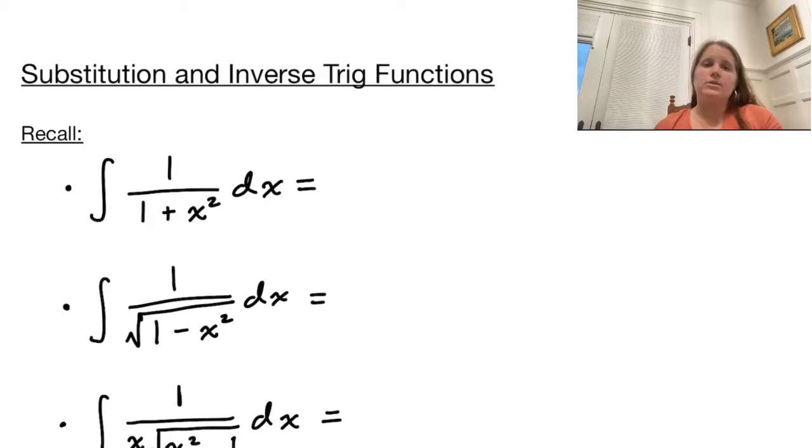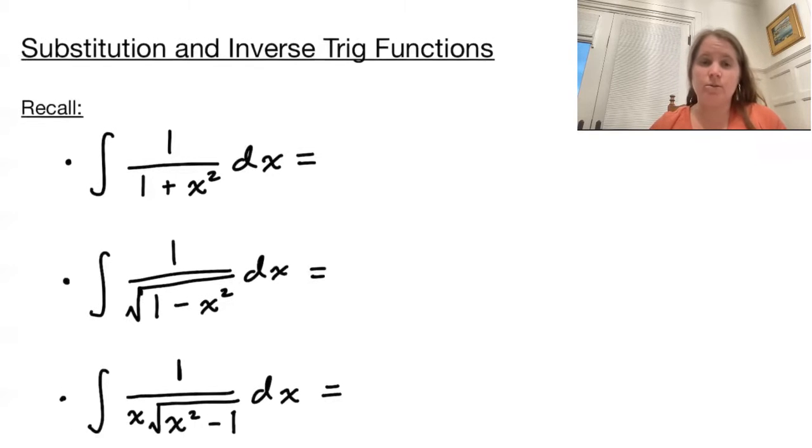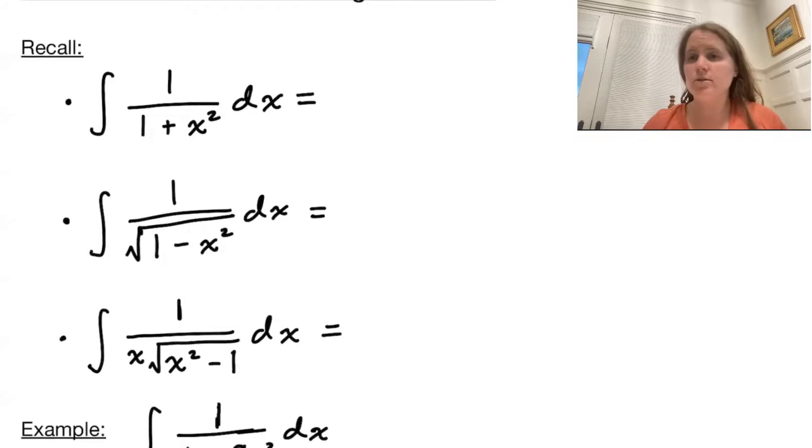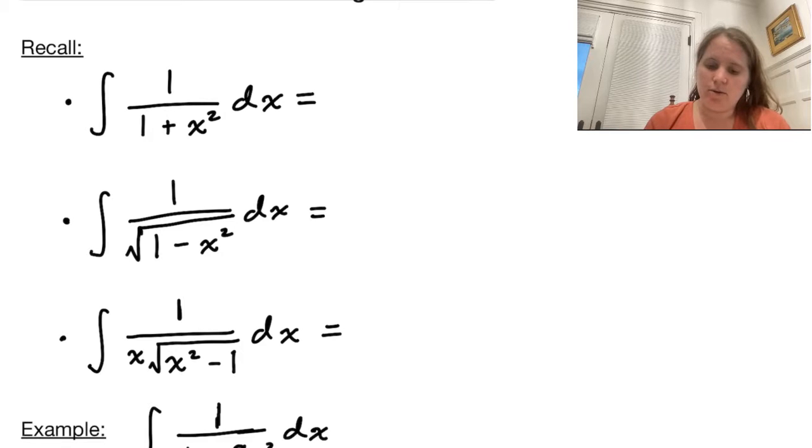Welcome to substitution and inverse trig functions. So just a quick reminder of some of our integrals which resulted in inverse trig functions, or which came directly from inverse trig derivatives. The integral of 1 over 1 plus x squared dx was just tan inverse of x plus c.